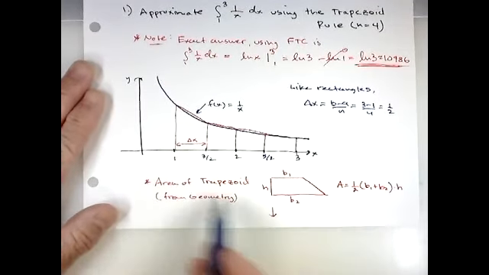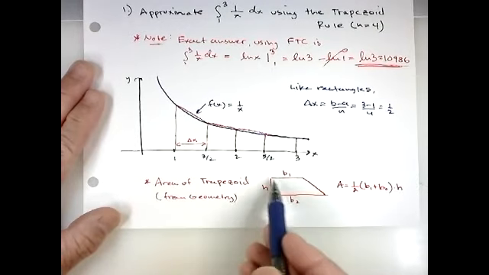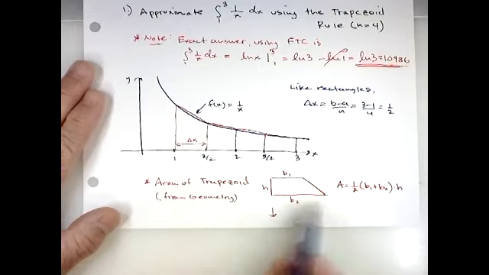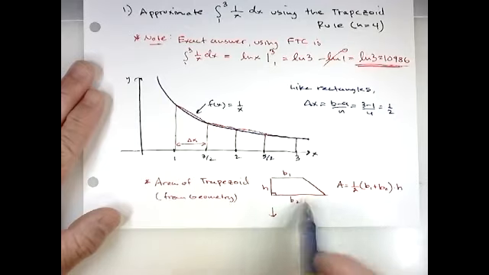The formula is based on the area of a trapezoid, which from geometry, usually you talked about a trapezoid having 2 bases and a height, a vertical height, that was a right angle. And the formula was 1/2 (b1 plus b2) times the height. So you're basically averaging the 2 bases and then multiplying by the height.